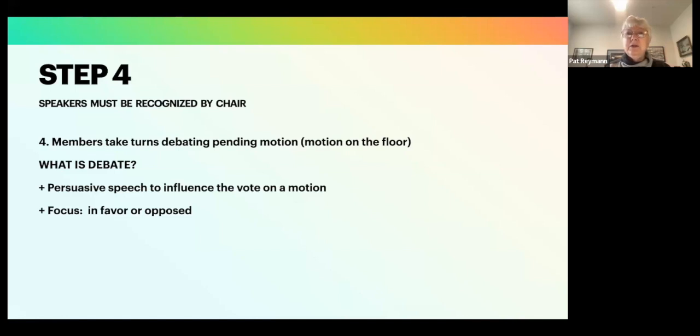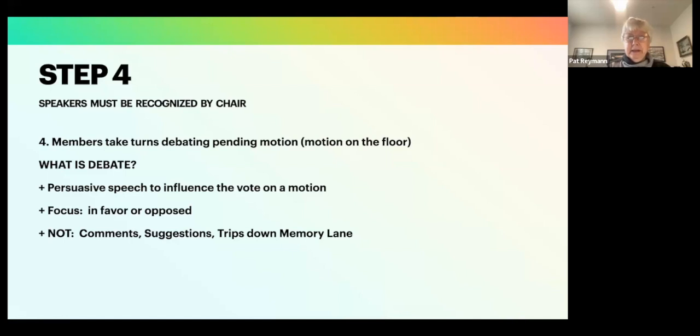And you're trying to convince other people in the room or on the meeting to vote your way. So your focus is that. I speak in favor of this motion because, or I am opposed to this motion because. Now, you don't have to say it just like that, but it has to be understood by the other people in the group what it is you're saying. You're saying, vote no, vote yes.